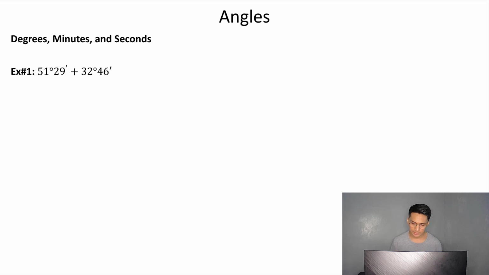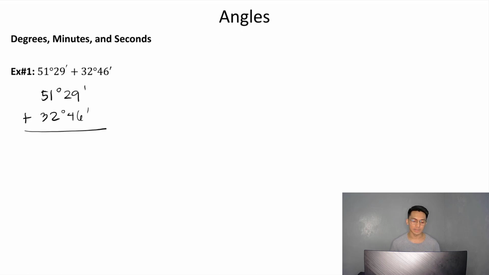So, paano gagawin natin dyan? Sulat natin, 51 degrees, 29 minutes, plus 32 degrees, 46 minutes. So, how can we add two angles with sobra? Una natin gagawin, titingnan muna natin yung minutes. Doon tayo sa pinakamababa as usual, like some other additions.